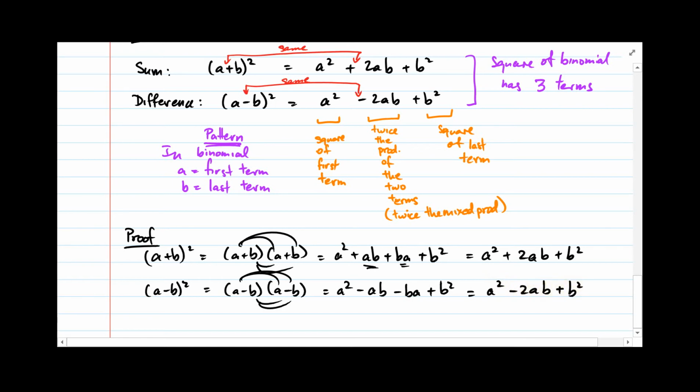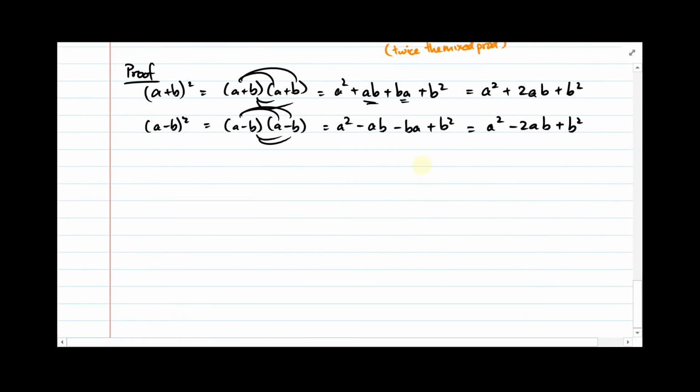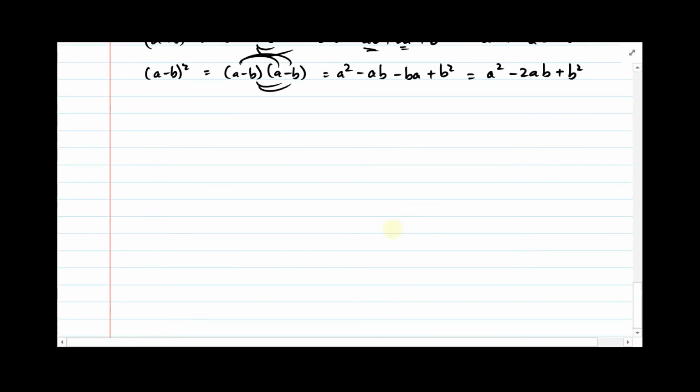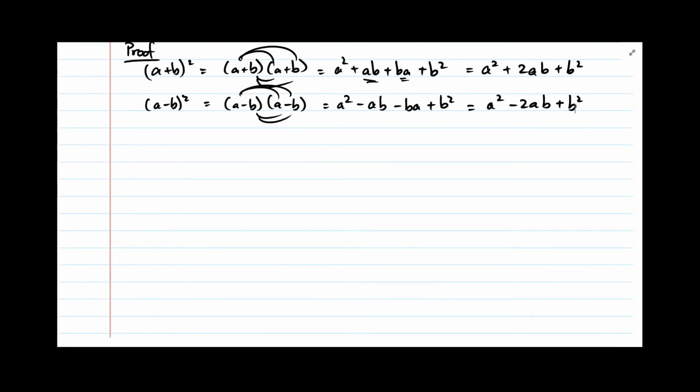So I haven't pulled your leg, but the idea is that when we see a binomial that is squared, we are simply going to use the format, which we will now memorize, as first term squared plus twice the mixed product, plus last term squared in the case of the sum, or with the minus sign if it is a difference.